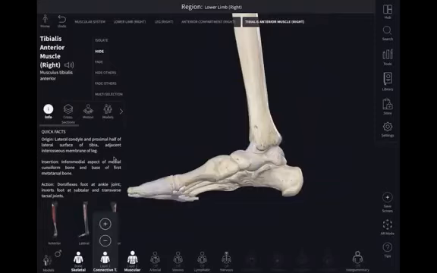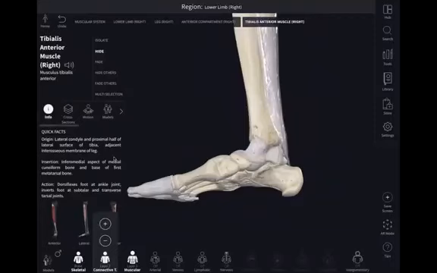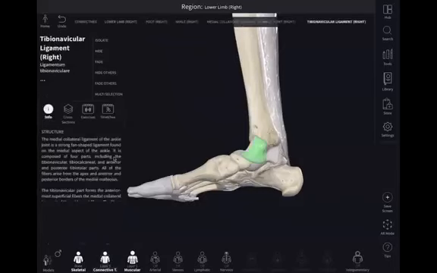Okay. Now you have to learn a few more ligaments. On the medial aspect, we learned the long plantar one and also the spring one. But there is a big ligament we have to know, and this is a very important ligament, the deltoid. It is broad and fan shaped.